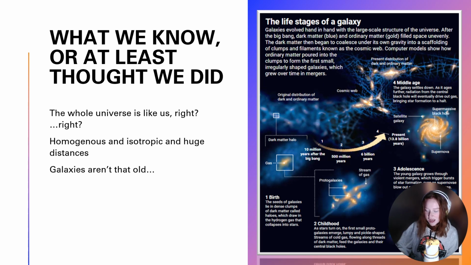And as we're looking at these galaxies that are way older and way heavier than we thought was possible, we're also looking at a much wider swath of the universe, and we're finding that the homogeneous and isotropic properties are not holding. There's huge gaps, and then there's huge densities, and we're actually looking at our area of the universe being a little light when it comes to those densities, and we're not quite sure why that is.